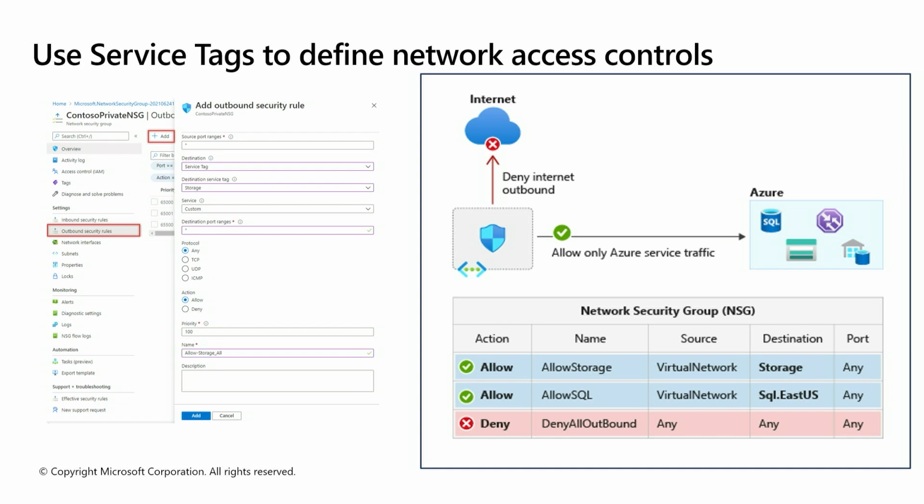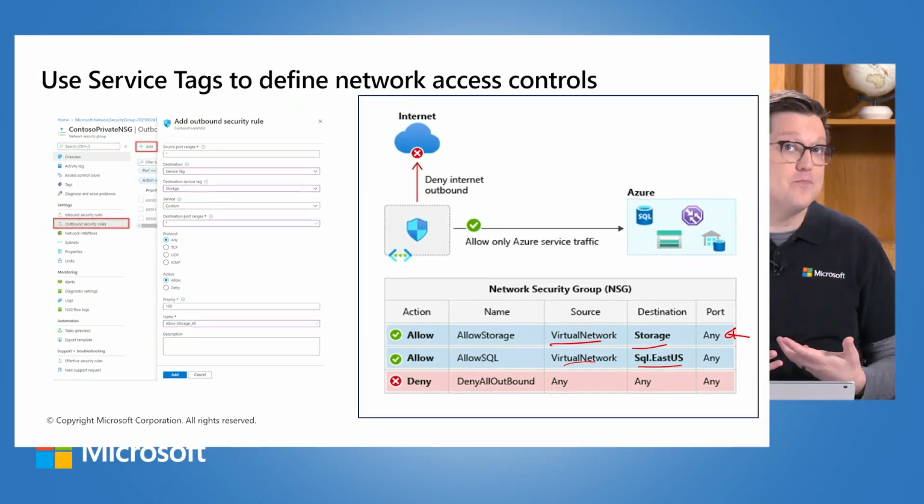Here we have an allow rule that is explicitly saying that if data comes from a virtual network and is headed for any storage service, so storage accounts as the example here, we allow that traffic. If data is coming from virtual network and is heading to the East US region and is targeting a SQL database, we allow that traffic.